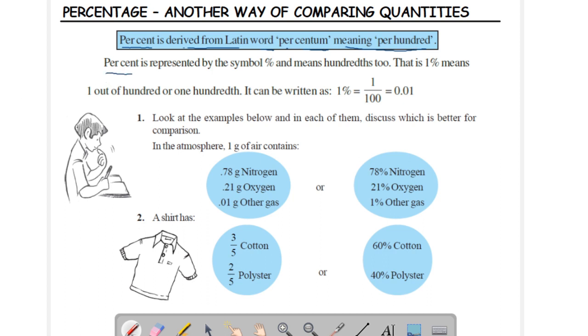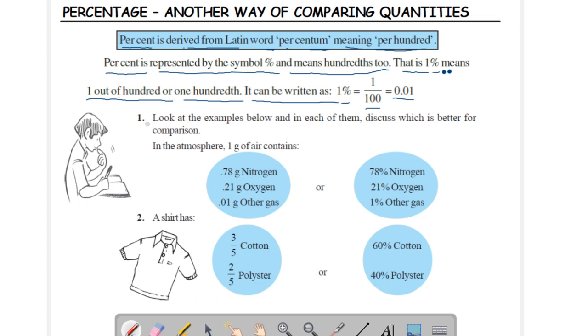Percent is represented by the symbol %, and 1% means 1 out of 100. It can be written as 1 upon 100 in fraction form and 0.01 in decimal form.